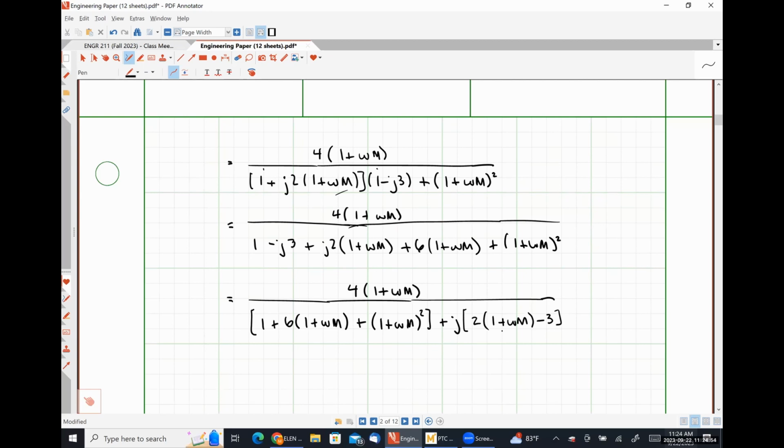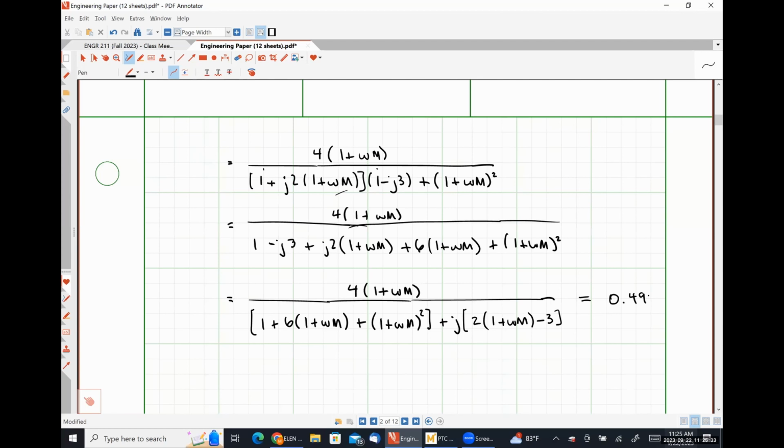So this ratio has to equal 0.49 according to the problem statement, right? So let me ask you what is a really dumb question. Is 0.49 a real number or a complex number? It's a real number. So what's the only way that this ratio, which contains a complex number, is going to ever equal just a real number? If the imaginary part goes to 0, right?